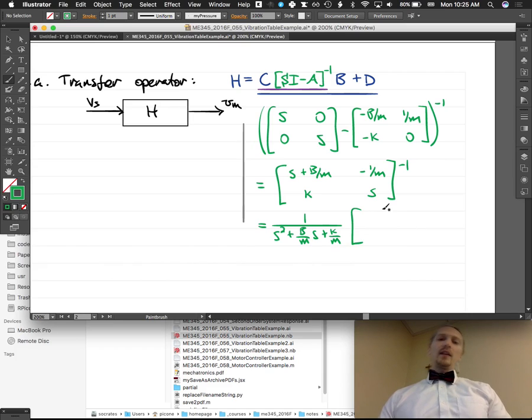Times the matrix we multiply this by. Do you guys remember, you flip these two and you change the sign on the other ones. Is that right? Am I right in remembering that? Sometimes I forget, I have to look it up. Yeah, I think that's right. Let's see what my notes say. Yeah, that's right. S plus B over M and negative K and 1 over M.